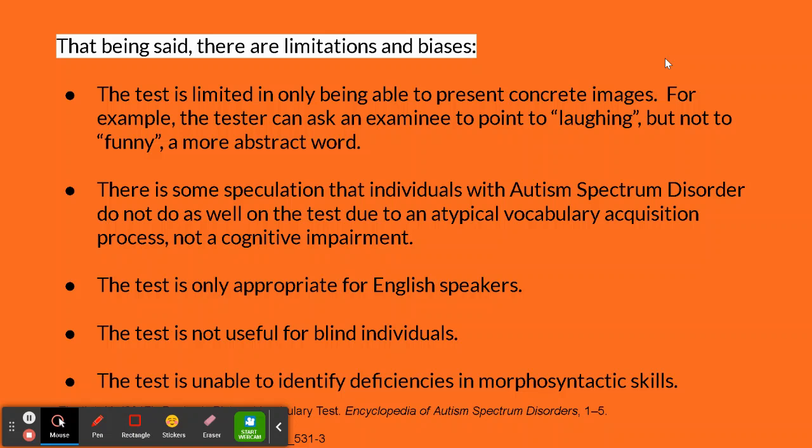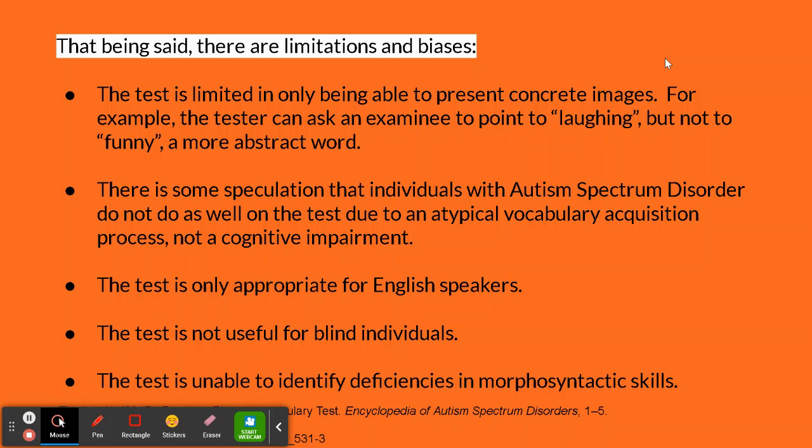But let's say, for example, the word funny, which I mentioned before, a more abstract word. The word beautiful might be something that is more abstract and wouldn't be appropriate for a test like this and could skew the reliability and validity of the test because it's more abstract. So there definitely are some limitations on the types of vocabulary that it can assess.